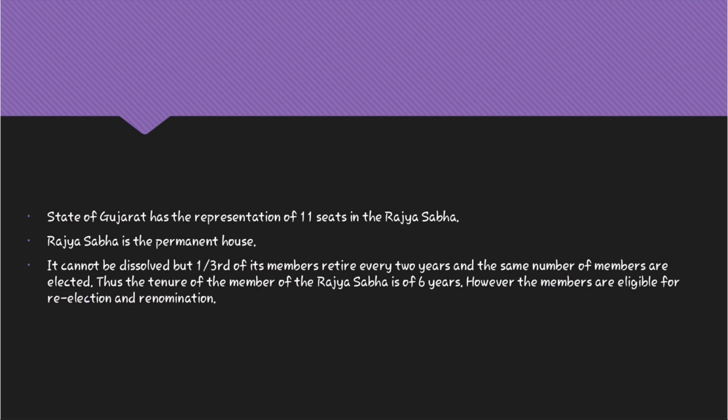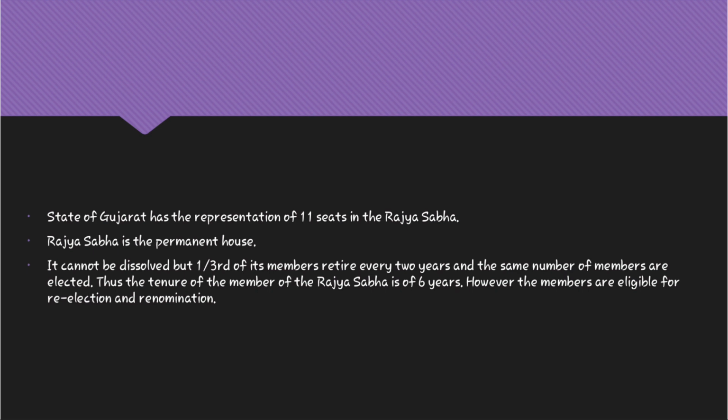Then from BJP we are having Jugalji Mathurji Thakur, Subramanya Jaishankar, Manshukh L. Mandavia, then Parsottambai Rupala, Narhari Amin, Ramila Ben Bara and Abhay Bharadwaj. These are the 11 members, those who are having membership in 2020 or the present Gujarat in the Rajya Sabha from the state of Gujarat.